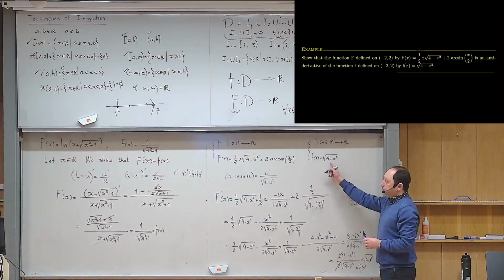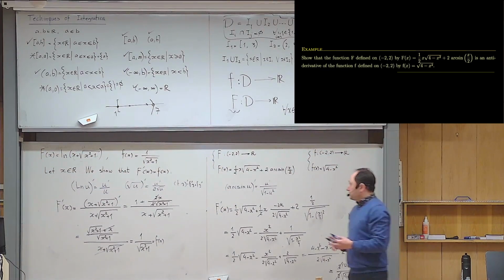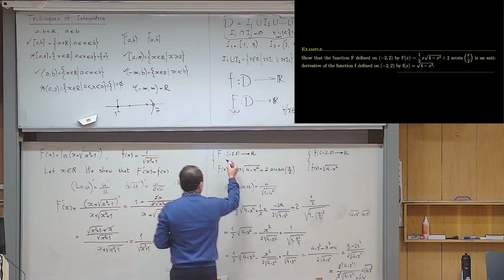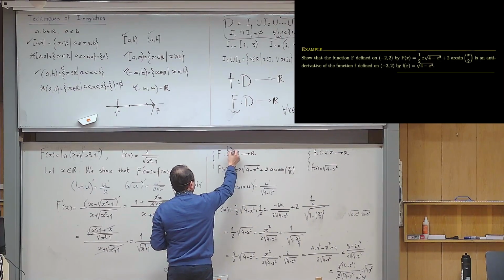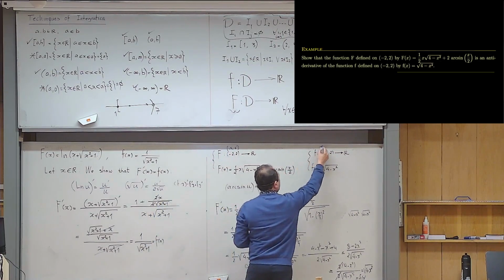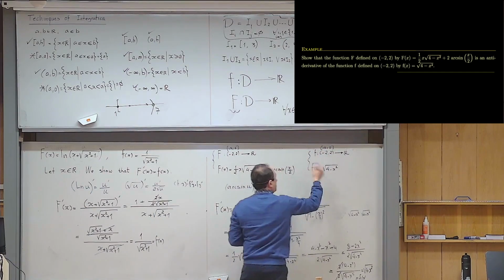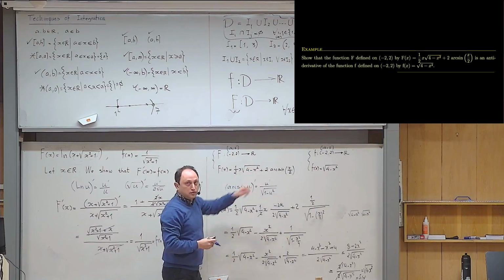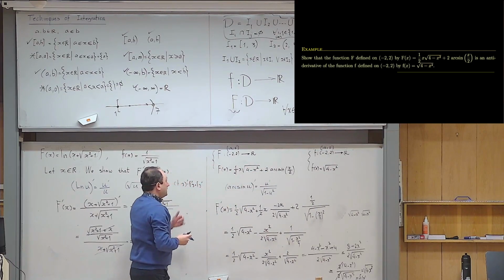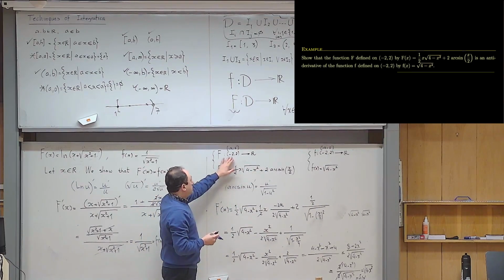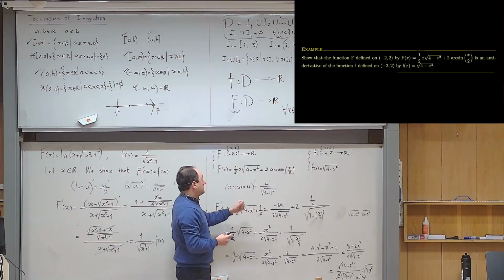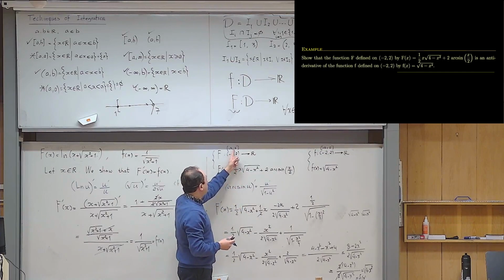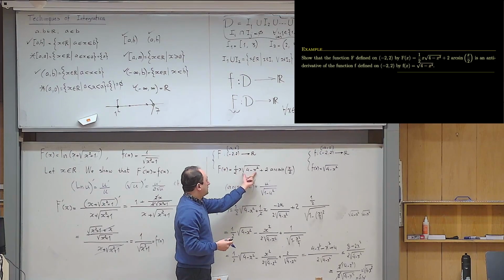So the question is that, can I change this to -2 and 2 and say that this new function with the new domain is an antiderivative of that one? The answer is no, because even though the capital F with this new domain is also well defined, because if I put 2 or -2, I do not have any problems here.